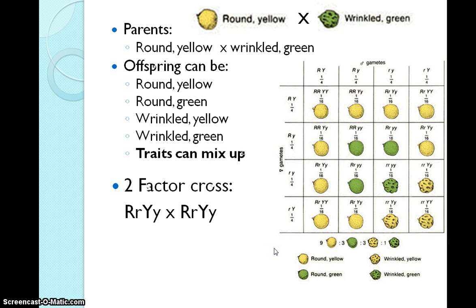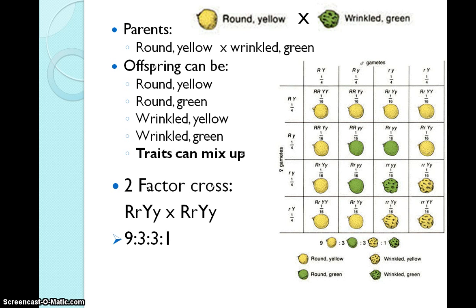When we look at this Punnett square, we see that what we actually have here is a two-factor cross, where we have big R, big Y, little r, little y crossed with big R, big Y, little r, little y, and that's what's actually shown over here, giving us a ratio for this heterozygous crossed by a heterozygous, giving us a standard ratio of 9:3:3:1.